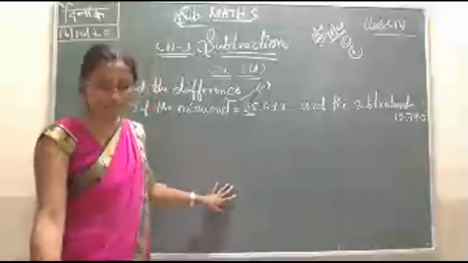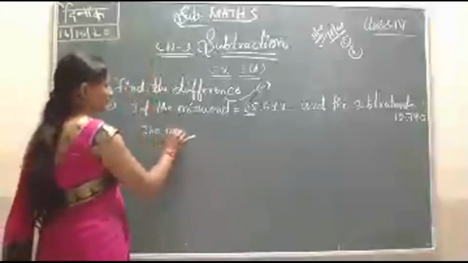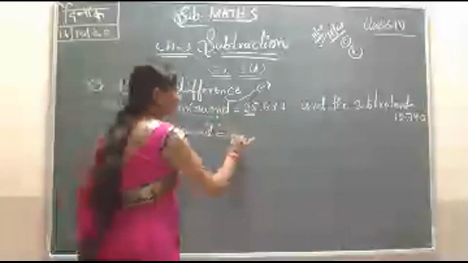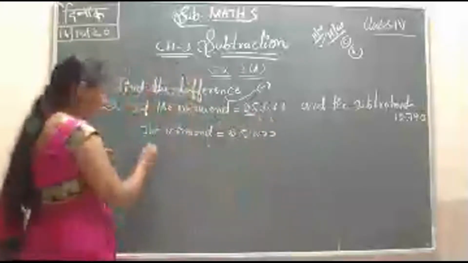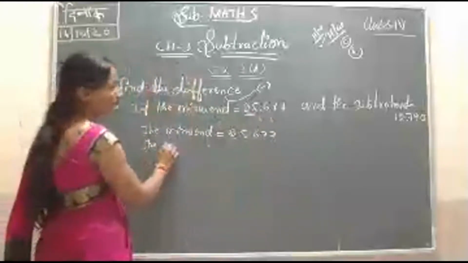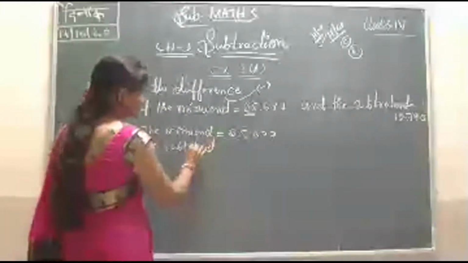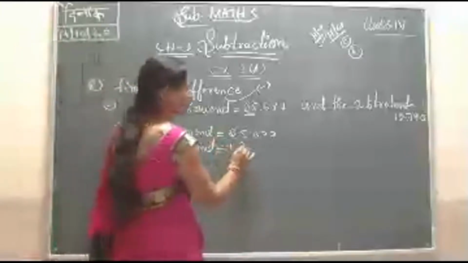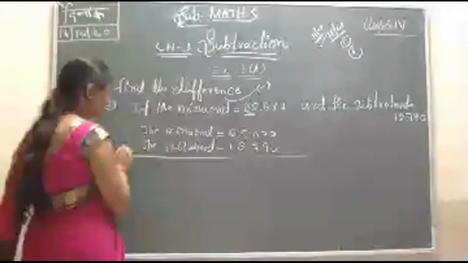So how to write first the minuend? The minuend, what is the value? 25,677. Next, the subtrahend, what is the value? That is 12,790. So you do the difference.